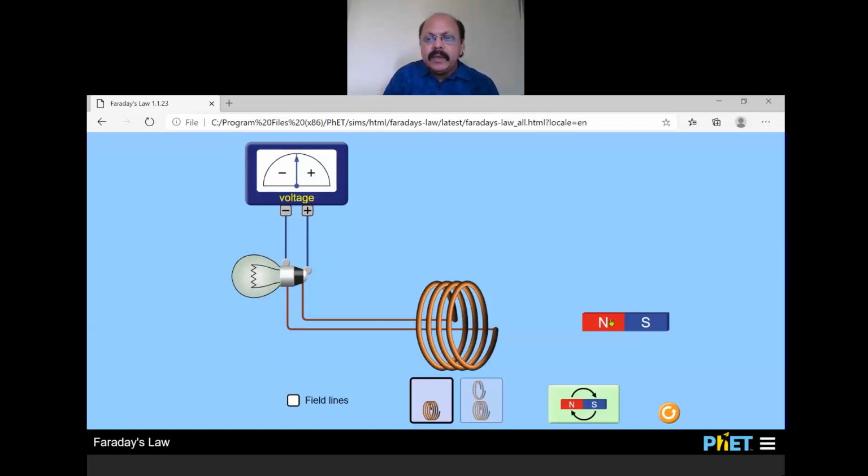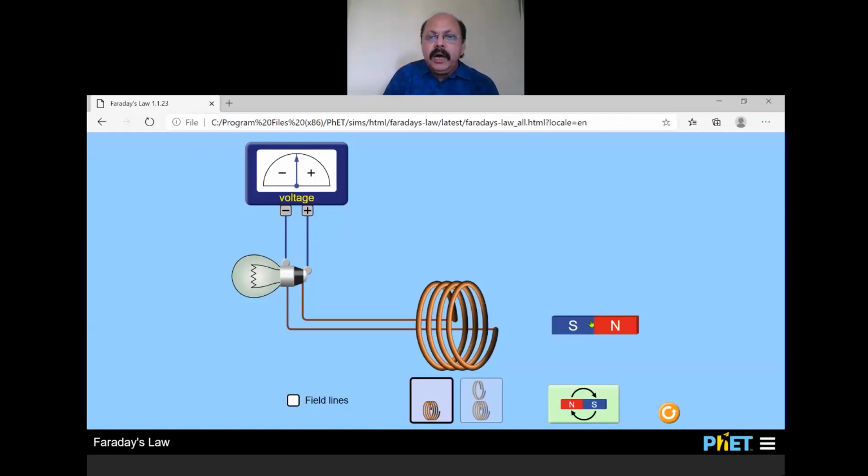Similarly, if we reverse the polarity of the magnet, that is, now we move the magnet with its south pole towards the coil, then you can see that there is a deflection in the galvanometer, so that indicates a current is induced in the coil.